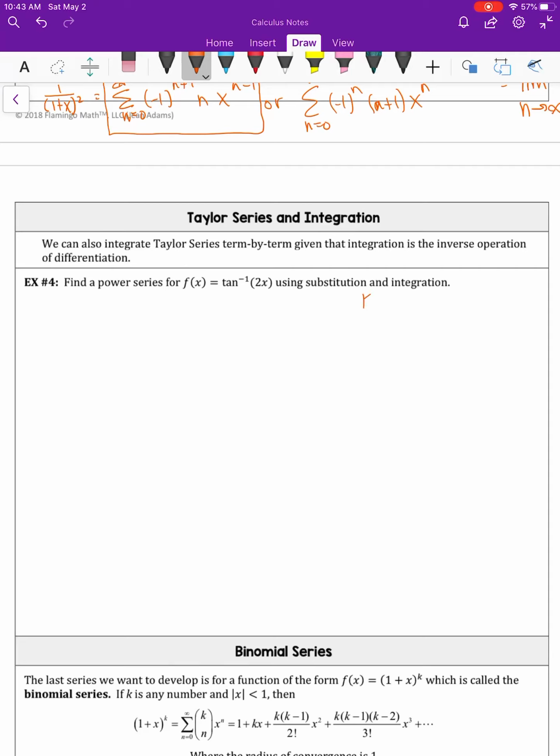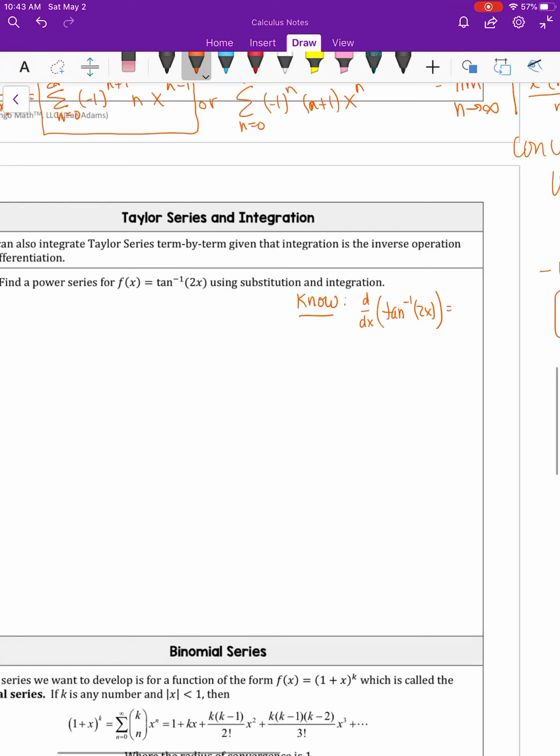So, example number 4, find a power series for f of x equals the inverse tangent of 2x using substitution and integration. So now, let's think about what we know about inverse tangent.